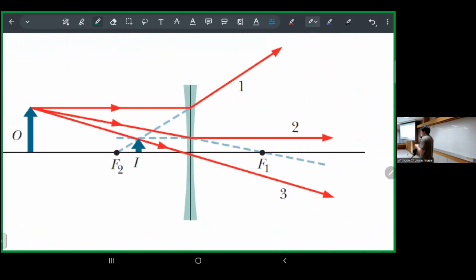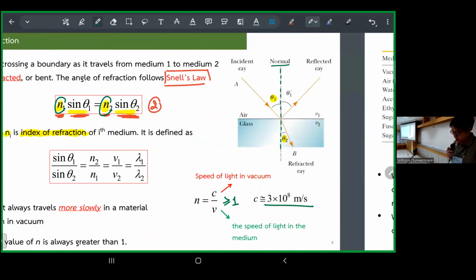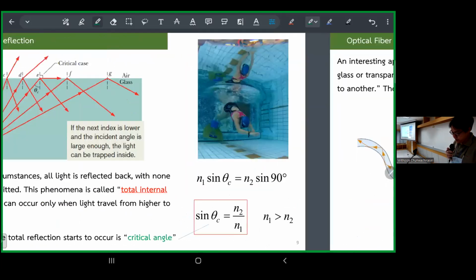Now we are going to trace where the rays go. And eventually, these rays will end up someplace that you can observe. So this topic is about image formation. We are going to do image formation now.